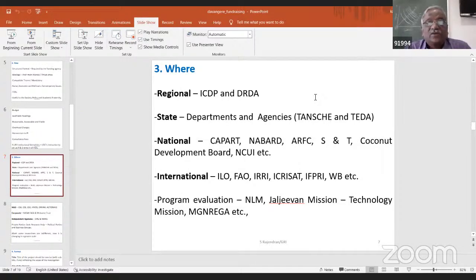NABARD, Agriculture Refinance Corporation, Science and Technology, Concurrent Development Board, National Cooperative Union of India, etc. I have intentionally avoided ICSSR, NBA, and also UGC, etc., because you are all familiar with that. And for that specific reason, I have avoided that.